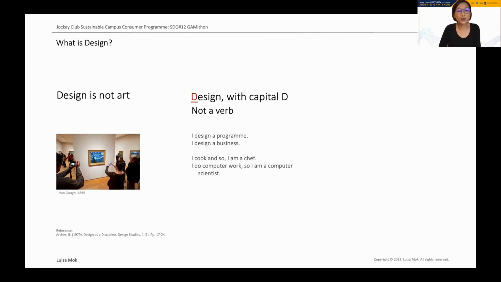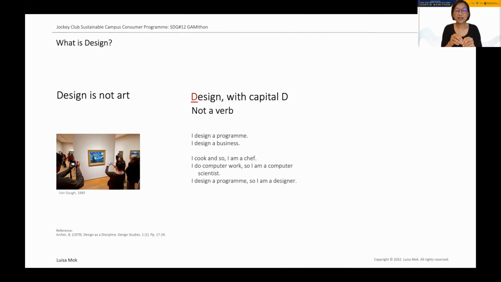I do computer work, so I am a computer scientist, which is also incorrect. If I am using a laptop, it doesn't mean that I'm a computer scientist, I'm just using a laptop or other digital devices. Same with, I design a program, so I am a designer.